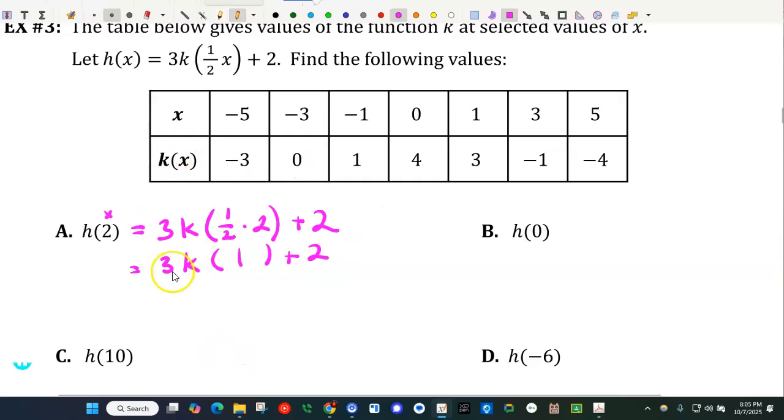And then we go up and find, well, what does this actually equal? What does k of 1, what's that value? All right, so we go to k, right here, our function k, find 1. All right, that's right here. So I'm going to substitute: k of 1 is going to equal 3.